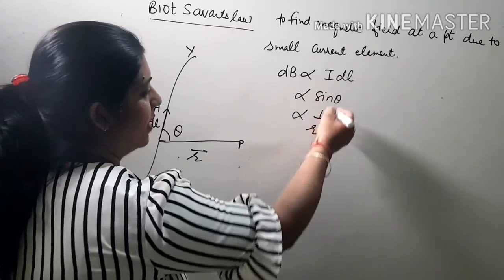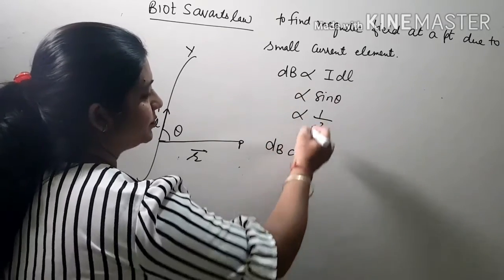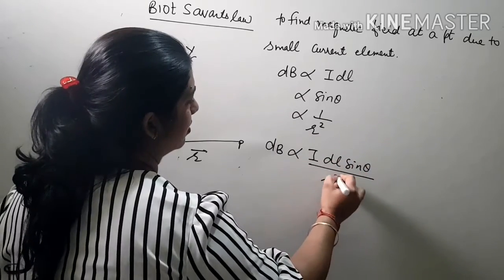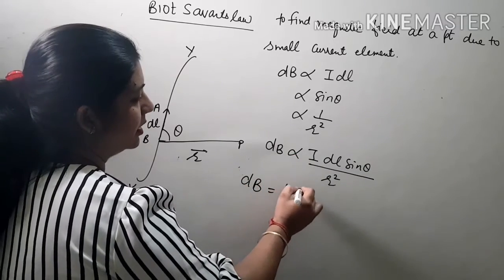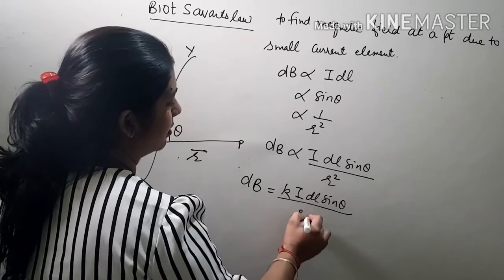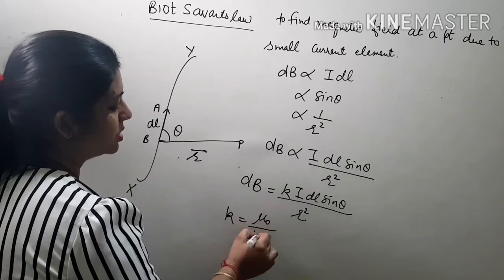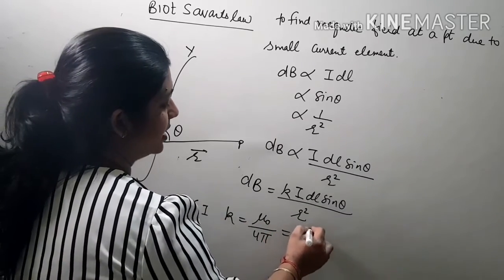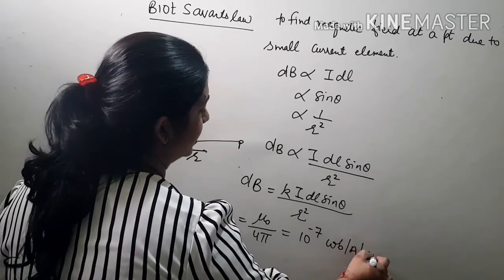So if I combine all these, then the formula becomes, on removing the proportionality sign, k comes here, and this value of k is mu naught by 4 pi, that is 10 raised to power minus 7 Weber per ampere per meter.